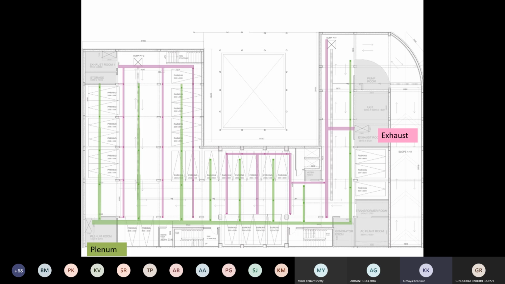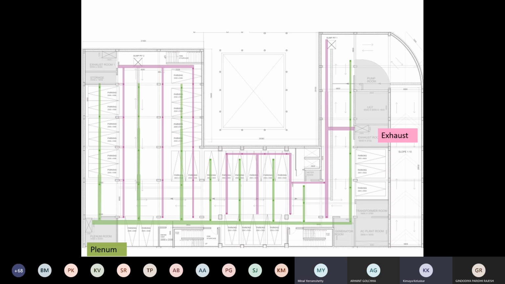So when the duct leaves the plenum room, it is the thickest of the lot, and that's the primary duct. The primary duct can only go to 30 meters, not more than that. Sometimes your basements are much larger, which means you shouldn't rely on only one plenum; you should have more than one.